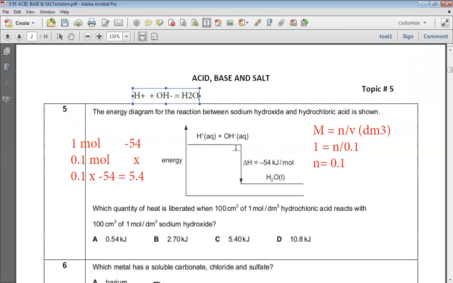So during the formation of 1 mole of water, we can say that 1 mole of water produces 54 kilojoules per mole.